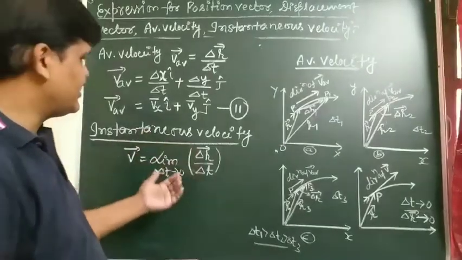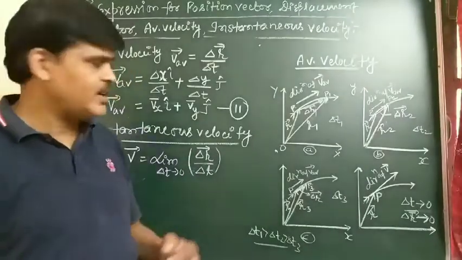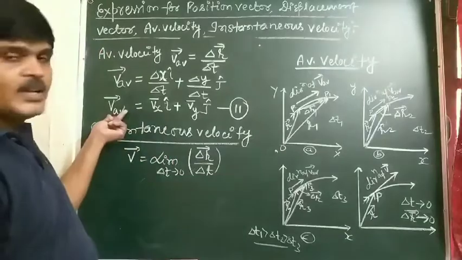So what is instantaneous velocity? I have already explained to you that it is the limiting value of average velocity.